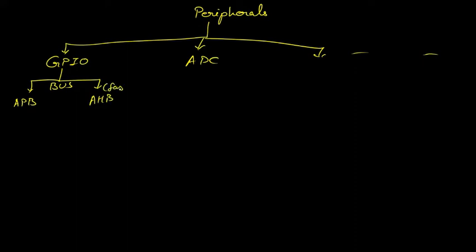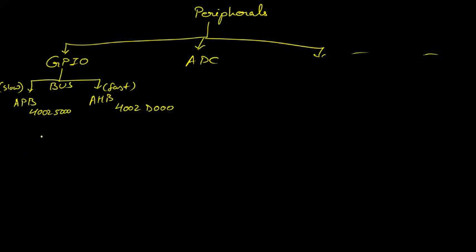AHB is fast, it takes only one clock to complete the assigned job, and this one is a bit slow because it is the legacy, old bus technology. Each one has its own base address: 4002 D000, and 4000 5000.